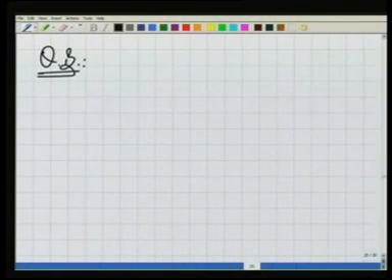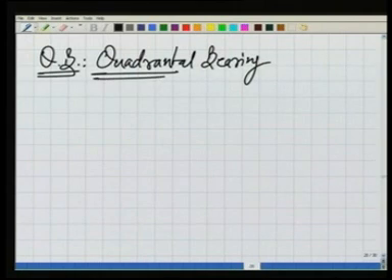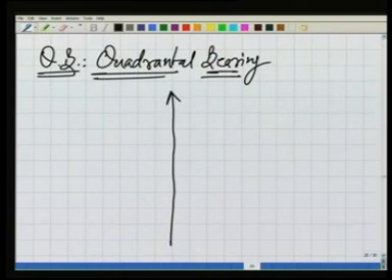The second system is QB, which stands for quadrantal bearing. Now what the system is, again here in this case, let us say this is the magnetic meridian.